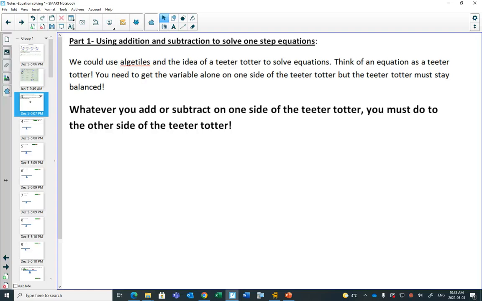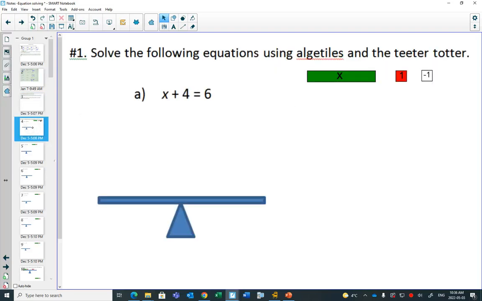Okay? So, we have some equations that we call one-step equations, because what you do on one side, you do to the other side, and it's only one step to solve it. Equations are sometimes seen as a balancing beam, or here, I'm going to do it as a teeter-totter.